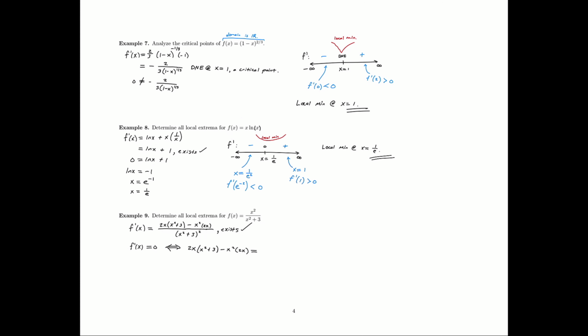That's the only way that's possible. So with that, we can go ahead and factor a 2x out, be left over with x squared plus 3 minus x squared, which turns into 3 times 2x, which is 6x. So this only happens when x is 0.